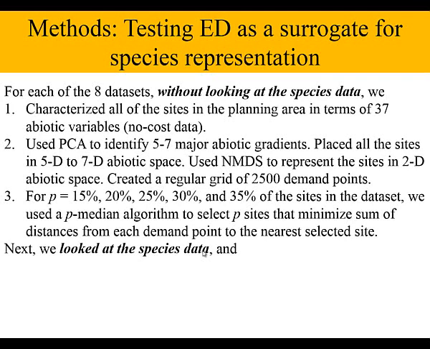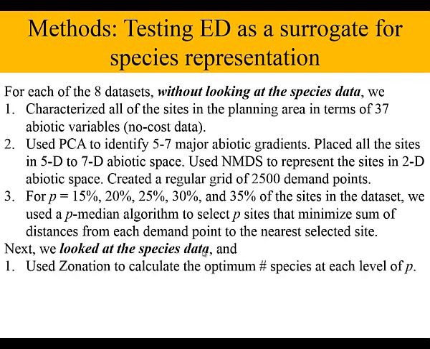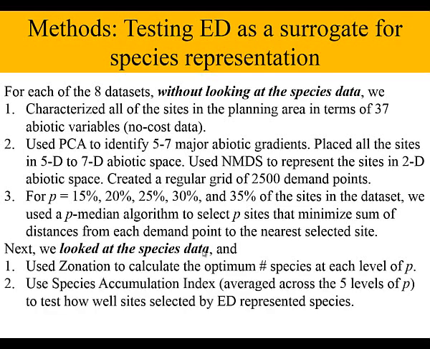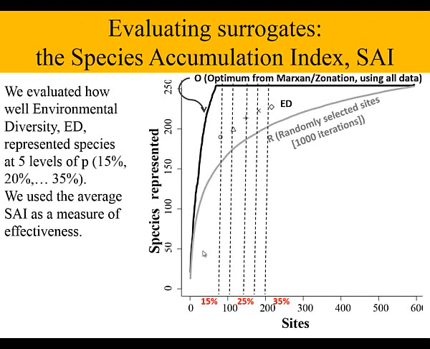To answer that question, now we looked at our species data. We used Zonation to calculate the optimum number of species at each level of P, used that species accumulation index across those 5 levels to see how well sites represented species. Basic idea again: across these 5 levels, we take the average, 15, 20, 25, 30, and 35%.